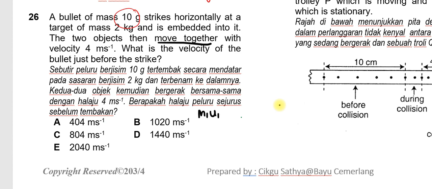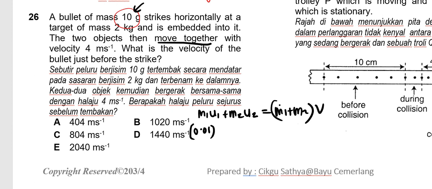So m1u1 plus m2u2 equals (m1 plus m2) times v. m1 is 10 gram. We take the bullet as m1. 10 gram, you have to convert to kg, so divide by 1000. So you will get 0.01 kg.